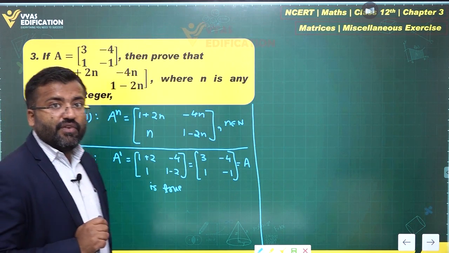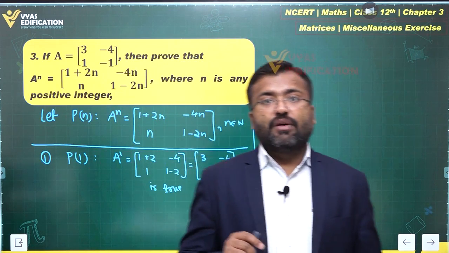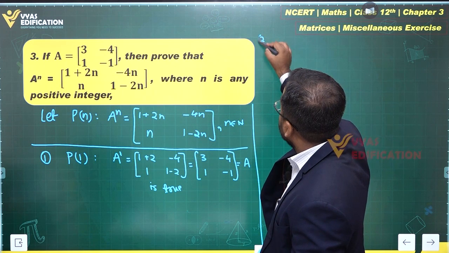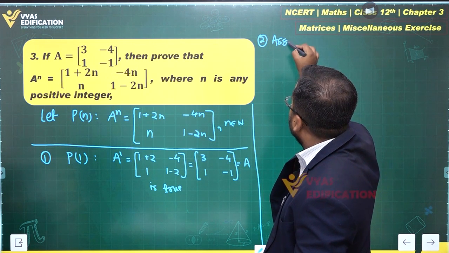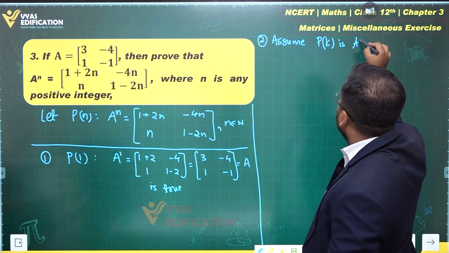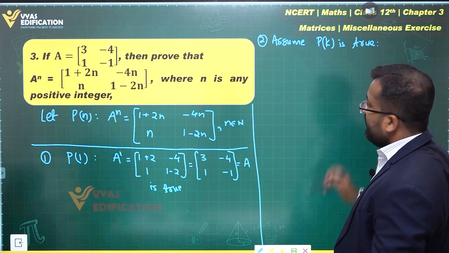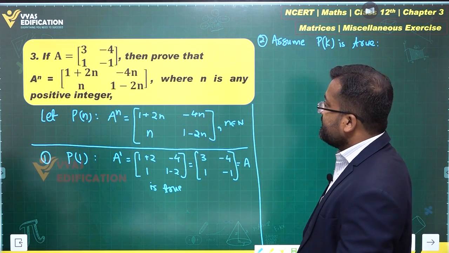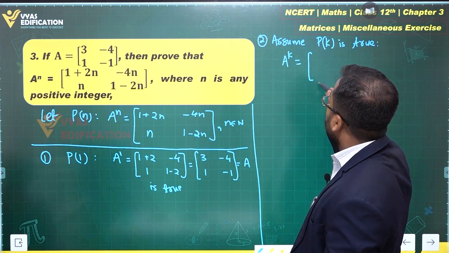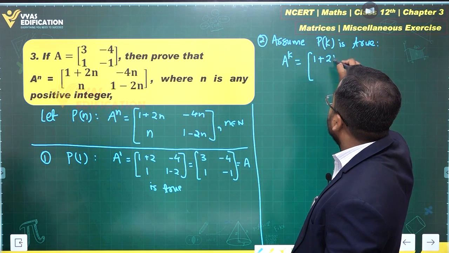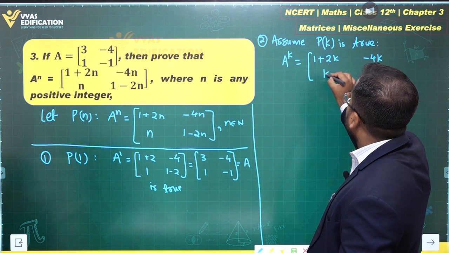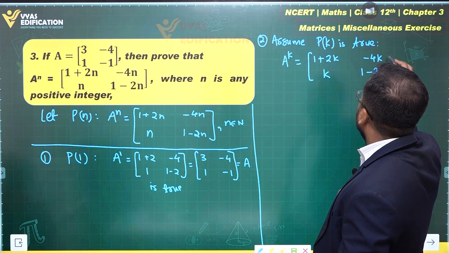Once you have verified that P1 is true, the next step is to assume that Pk is true. Second step, assume Pk is true. What does that imply? Assuming Pk is true implies that A to the power k is equal to [1 plus 2k, k; minus 4k, 1 minus 2k].